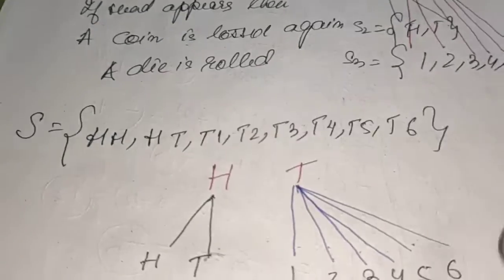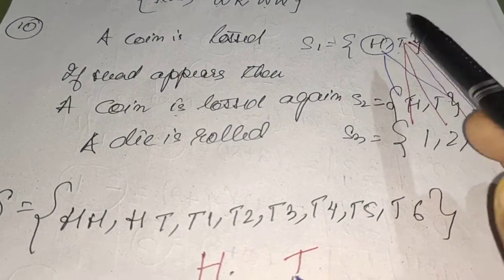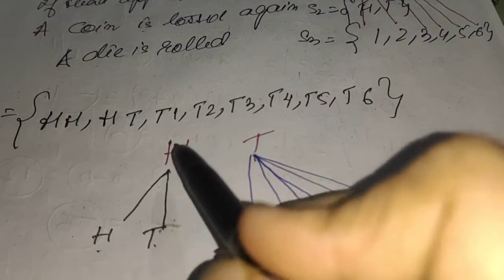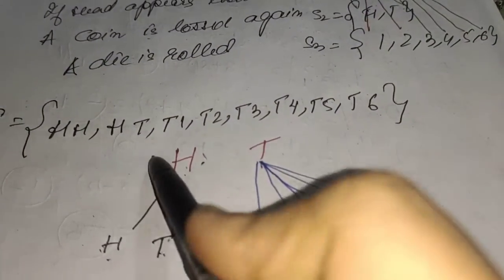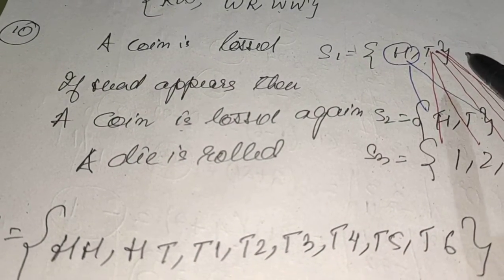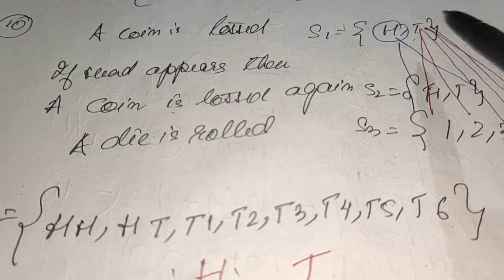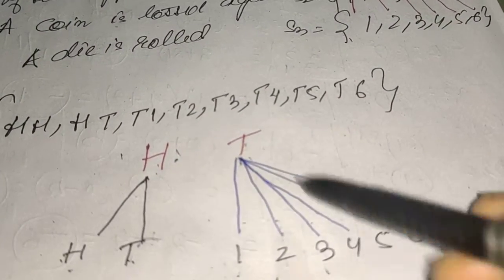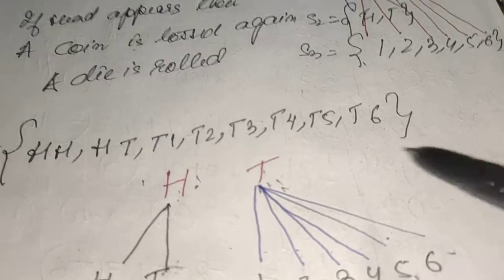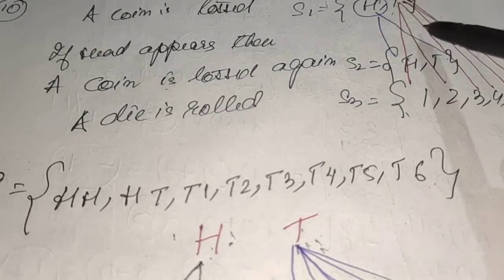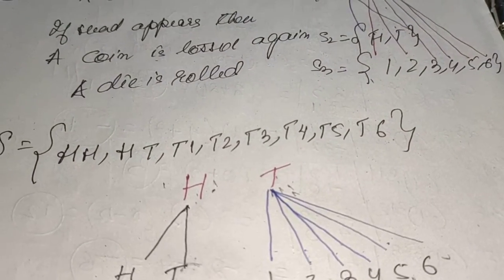So the final outcome will be: head head, head tail, and if tail comes out, then a dice is rolled. So it will be tail 1, tail 2, tail 3, tail 4, tail 5 and tail 6. You can see that the elements are written here. You can draw it like this also or like this also, same thing.